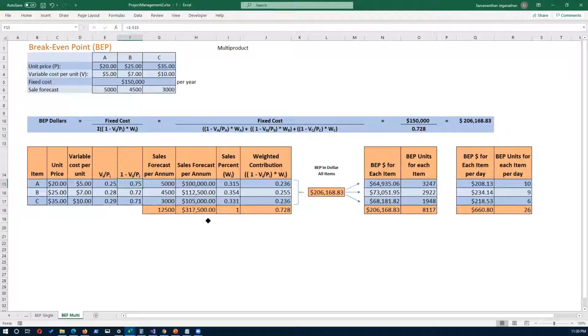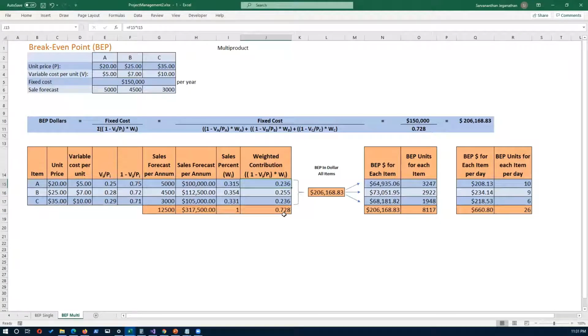From this, we can find the sales percentage: in terms of revenue, what percentage of revenue each item is contributing. 31% of the revenue is from item A, and 33% of the revenue is from item C. To find the weighted contribution, we simply multiply the contribution margin ratio by the percent sale.